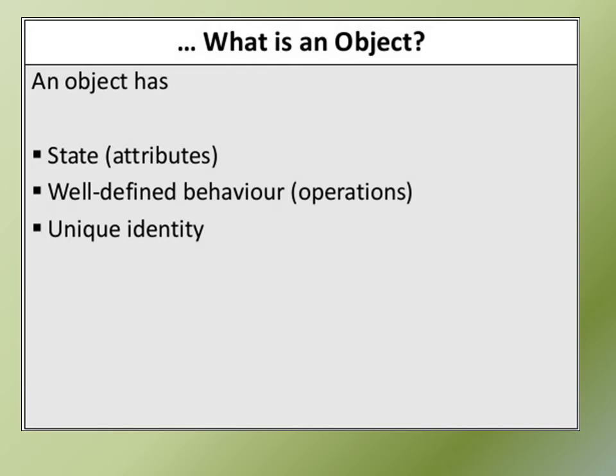An object has state, that is attributes. It has well-defined behavior, that is operations, and a unique identity. An object has state and behavior. Identifying the state and behavior of real world objects is a great way to begin thinking in terms of object-oriented programming.